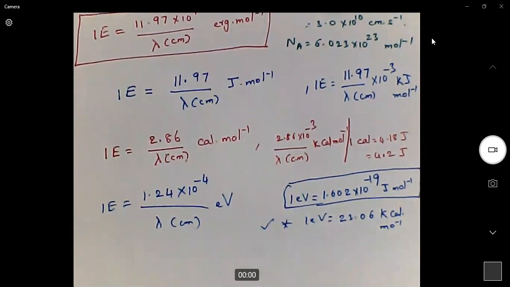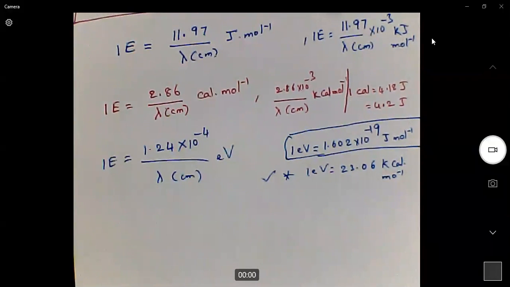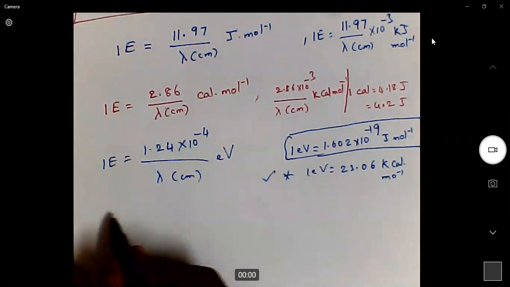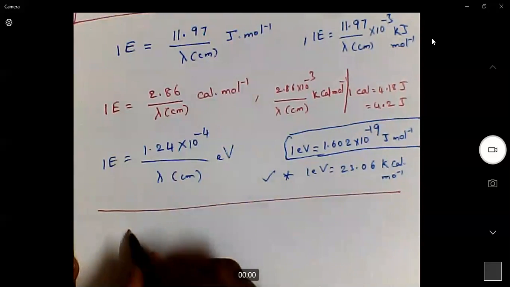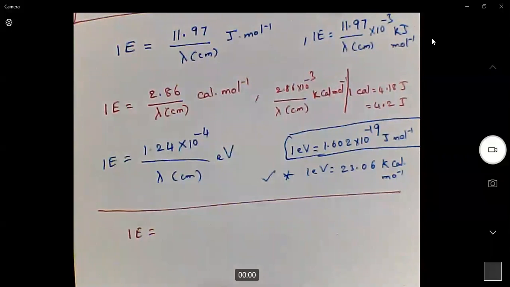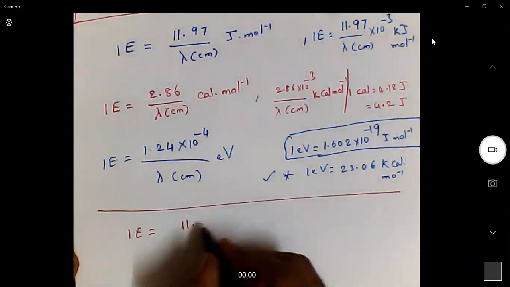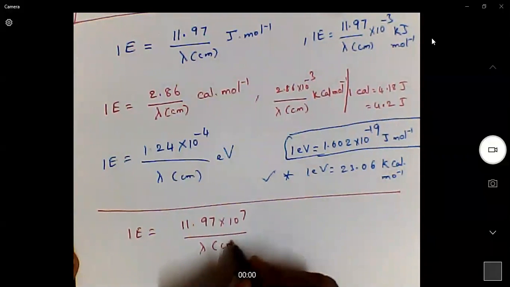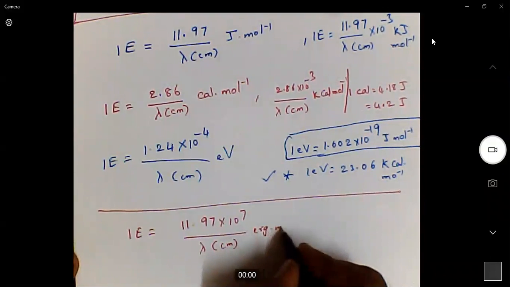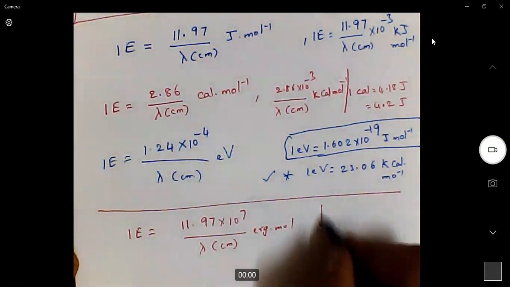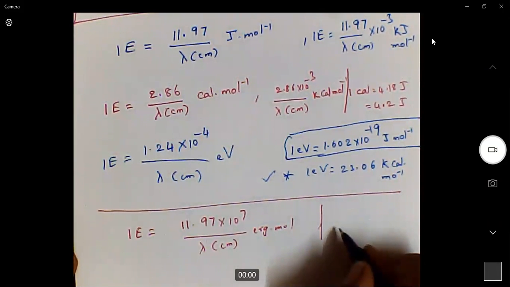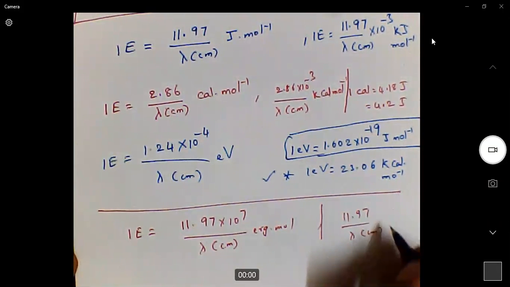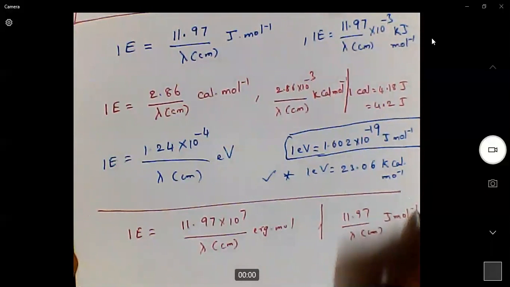So for what we are discussing, lambda in centimeters. Now, to just avoid confusion, I am not giving the value of lambda in meters, but we will do it. 11.97 into 10 power 7 by lambda in centimeters ergs per mole. Same thing in 11.97 by lambda in centimeters joules per mole.